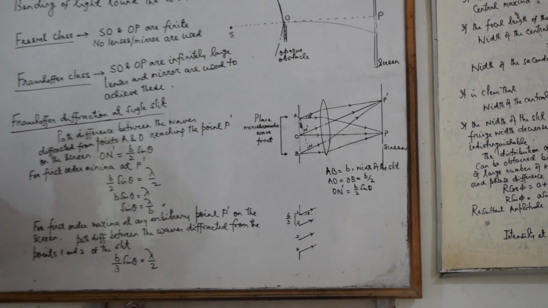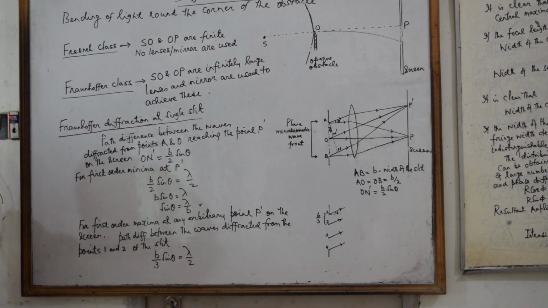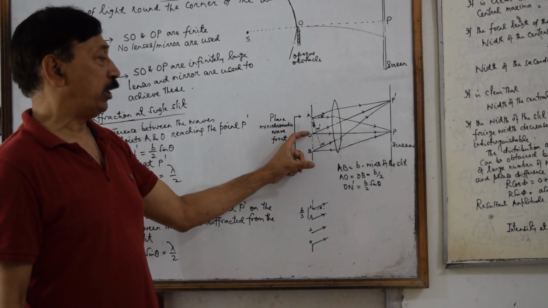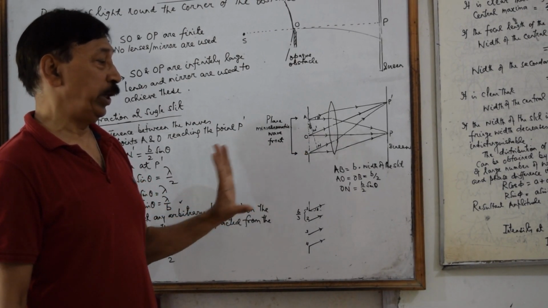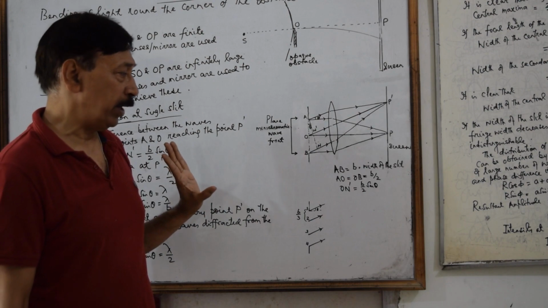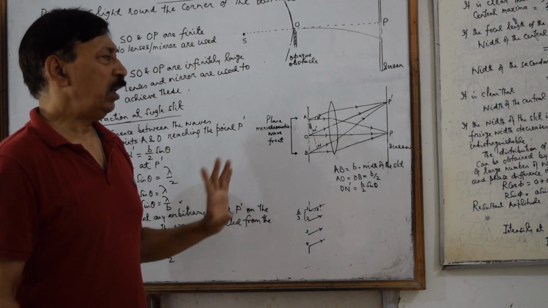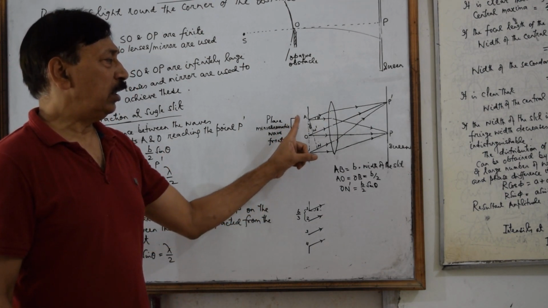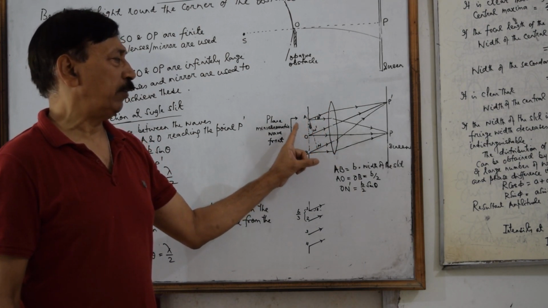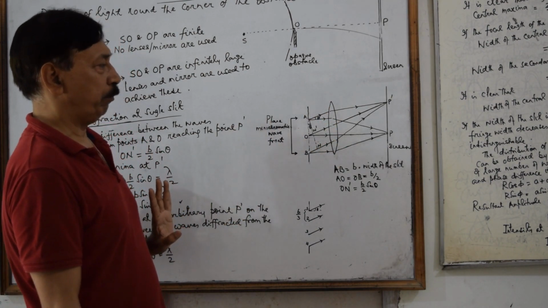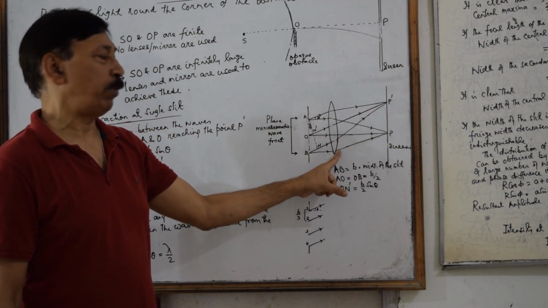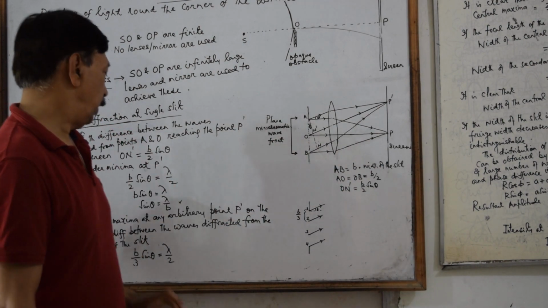To observe the position of the first order minima, we imagine the slit to be divided into two equal halves, AO and OB, each equal to b by 2. And consider the waves diffracted in the direction theta from the direction of the incident beam, which are brought to focus at any point P prime on the screen with the help of the convergent lens.